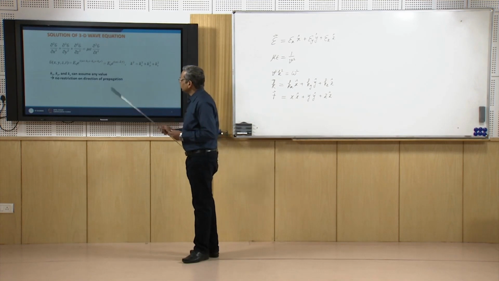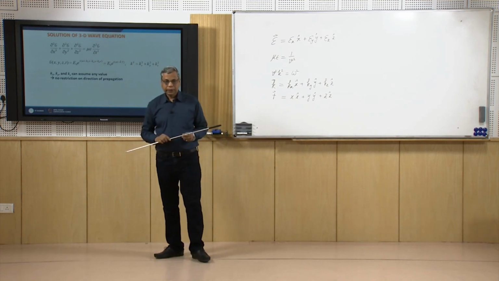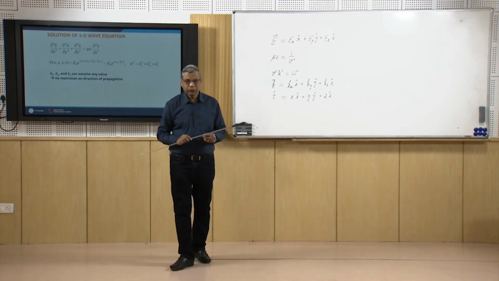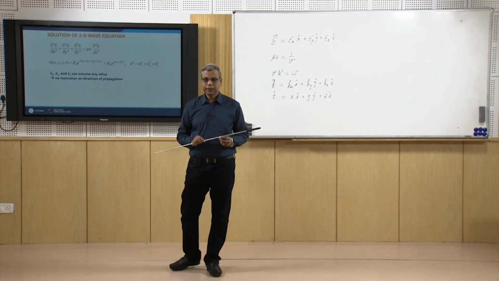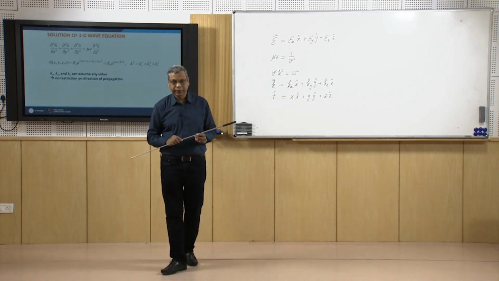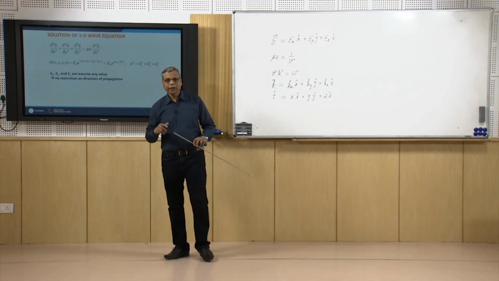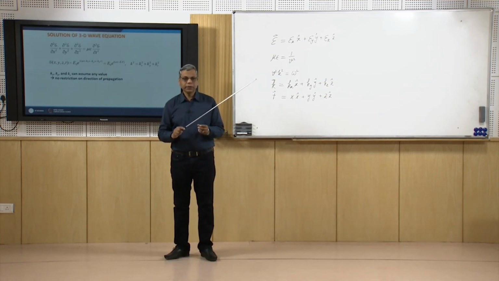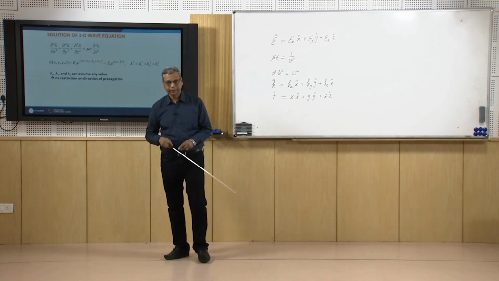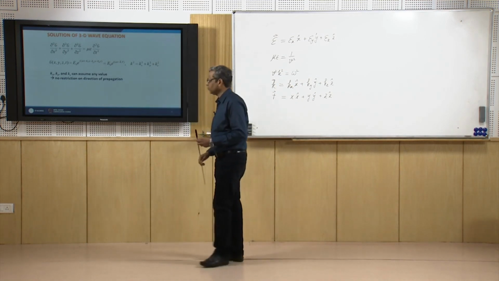This tells me that if a light wave is allowed to go in an infinitely extended dielectric medium, it can go in any direction; there is no restriction on it. It can go in this direction, or that direction, any direction is possible, for the same value of k.